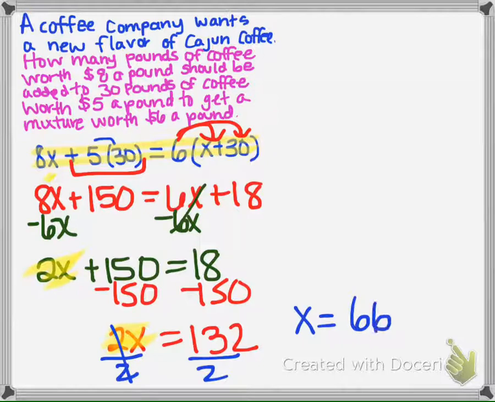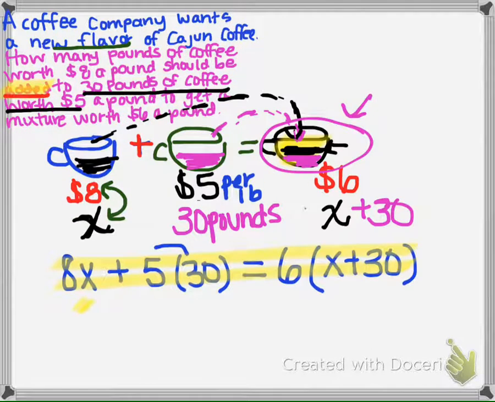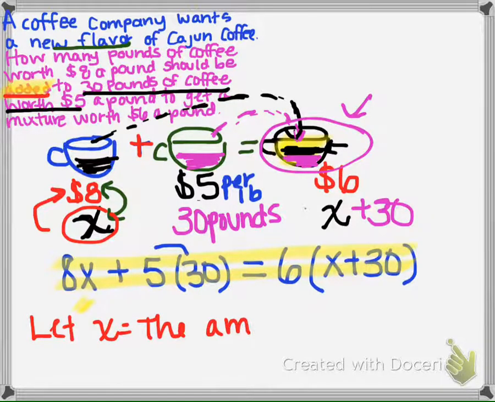is 66. So if we go back to the beginning of our video here, we could see that the X represented the amount of $8 coffee that we're going to use.